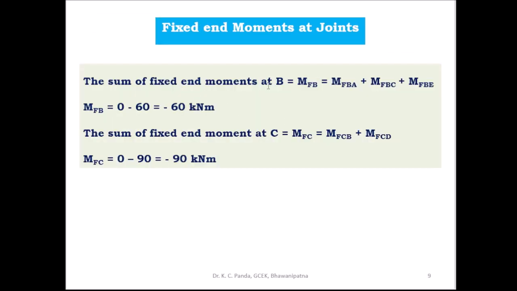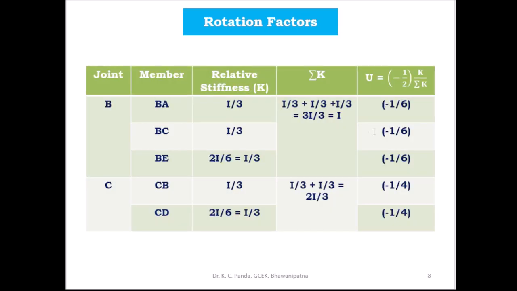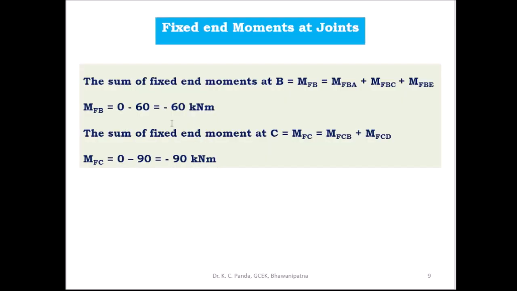The sum of fixed end moment at B is equal to MFBA plus MFBC plus MFBE. MFBA and MFBC both are 0 and MFBE, the value you got here, is minus 60 kilonewton meter. So 0 minus 60 is equal to minus 60 kilonewton meter.